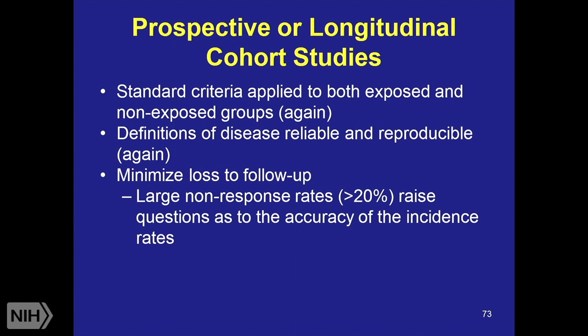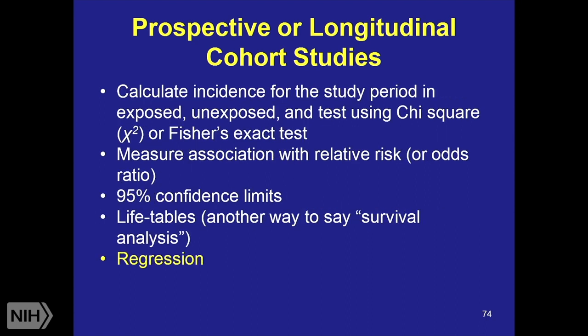Why are people not signing up for their study? If they only do it in one specific hospital region, that's useful, but is it as useful and as generalizable if they moved across to other groups? So calculate the incidence for the study period. Again, you start to see all these chi-square tests, but really you should be using regression.